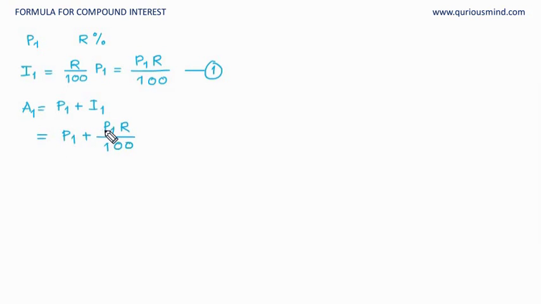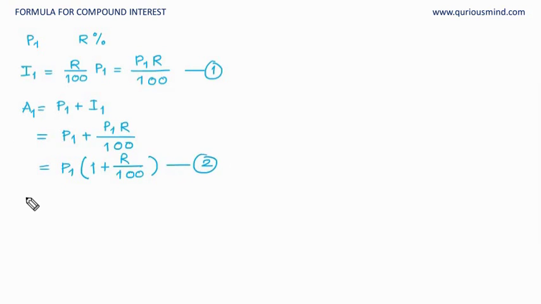Now P1 is common between both these terms, so I'll take common out. If I take P1 out, then in the bracket remains 1 in this place because P1 we have taken out, and in this place it will be R upon 100. A1 is equal to P1 into 1 plus R upon 100, and that's my equation 2.